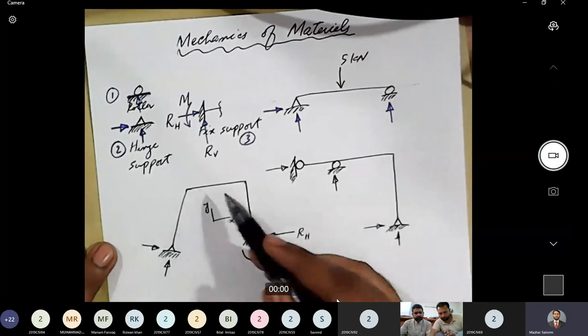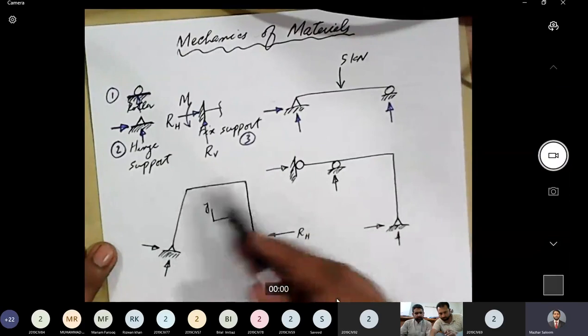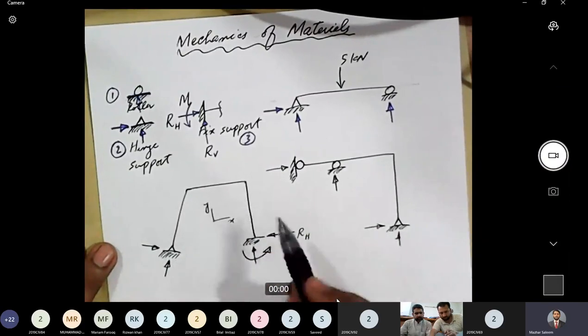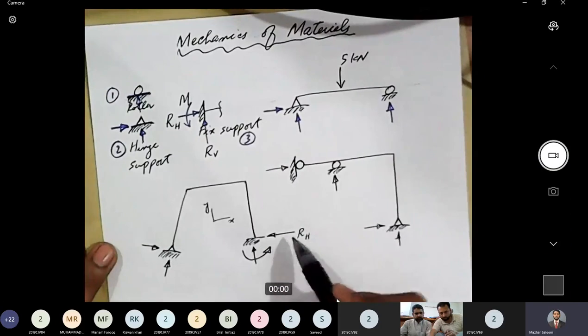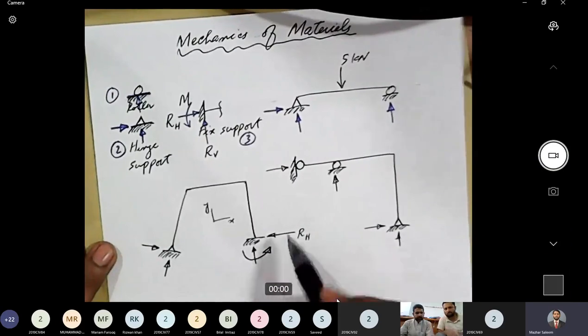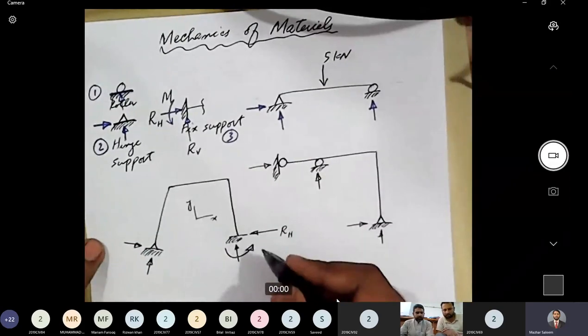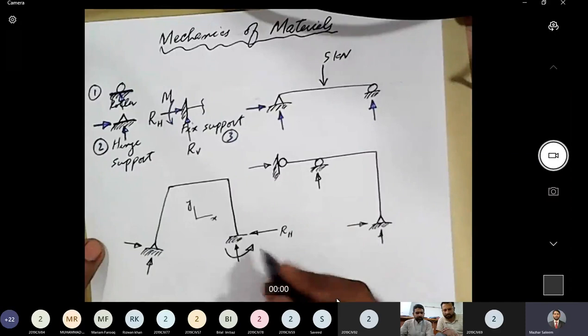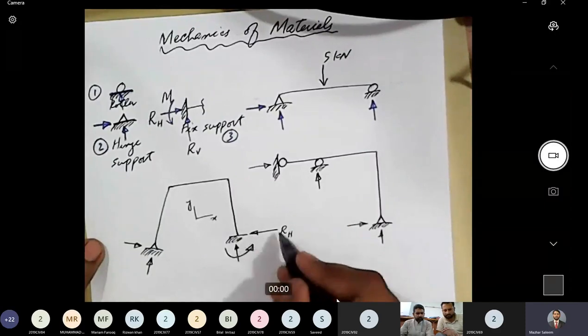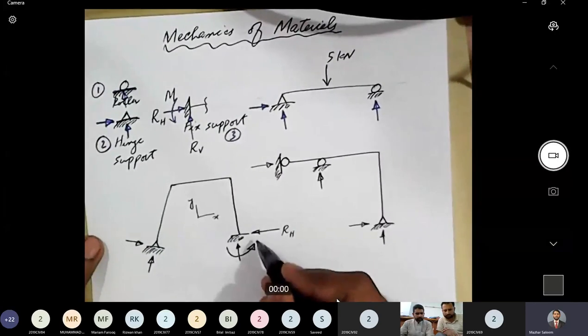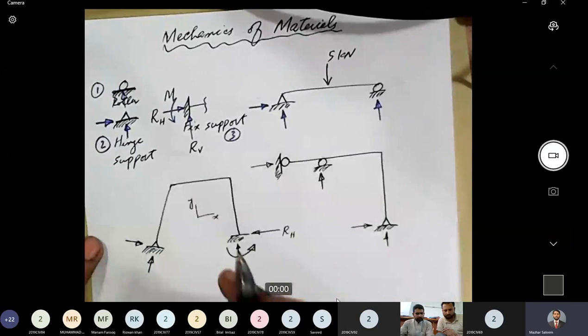There may be 2, 3, 5 or 10 different loads acting on the structure, and their algebraic sum will define whether this RH will be along the positive x direction or along negative x direction. So if somebody watching this assumes that I actually know whether it will be along negative or positive x direction, and I'm marking it accordingly, that's not true. At this point, I don't know the applied loading.